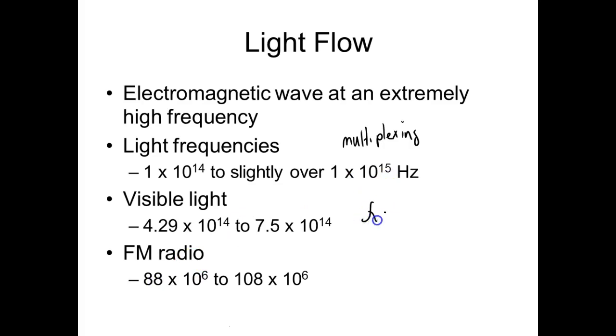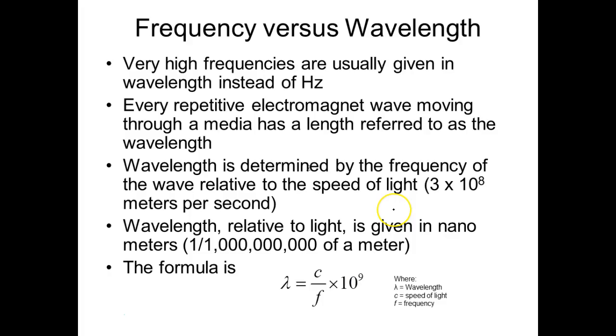So my wavelength, which is abbreviated by the symbol lambda, would be equal to what? It's going to be 3 times 10 to the 8 meters divided by the frequency in hertz.